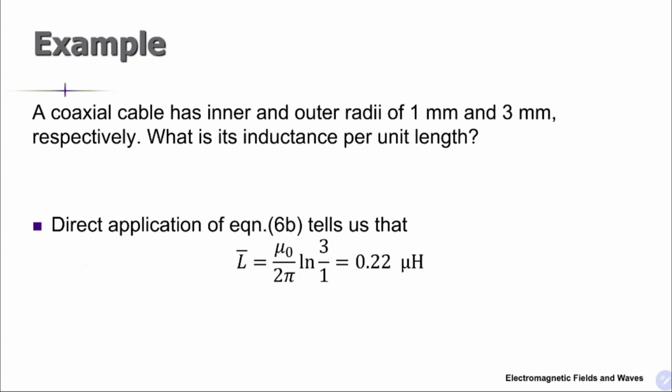Inductance per unit length equals mu naught over 2 pi natural log B over A. So this is B, this is A, in our coaxial cable. We simply apply that equation 6b and can work out the self-inductance, which equals 0.22 microhenry.